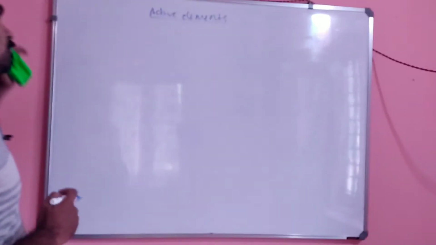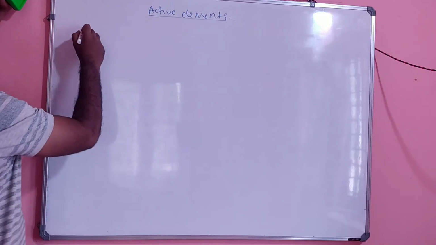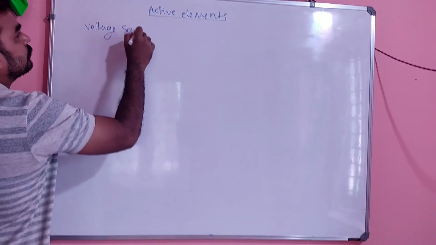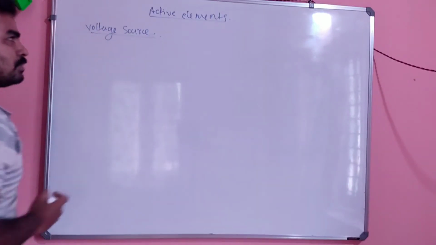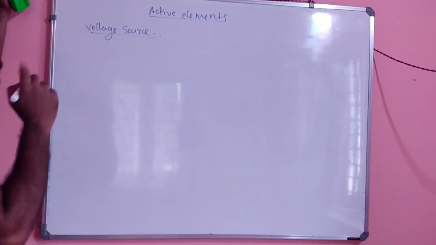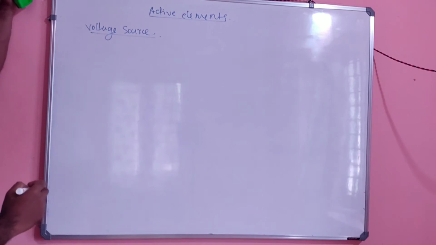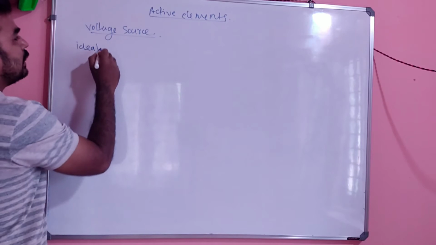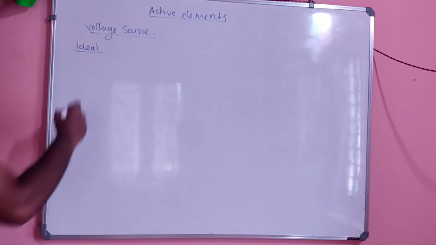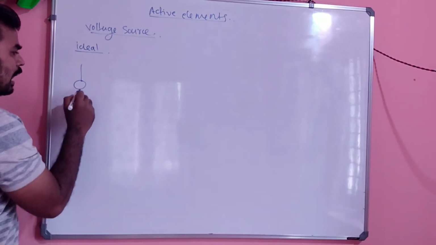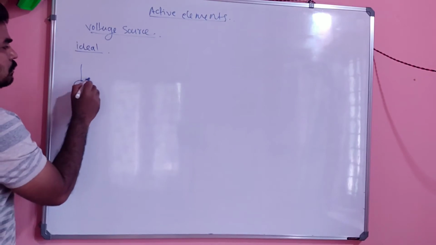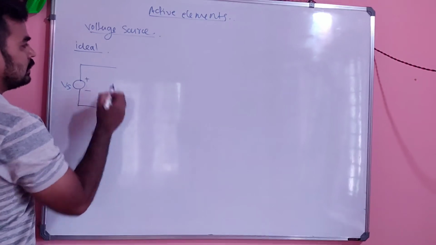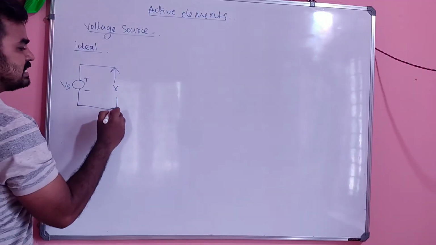So let's first discuss what a voltage source is. Voltage sources are of two types, ideal and practical. Let's see what an ideal voltage source is. A voltage source means an element which continuously provides a voltage to its terminal.